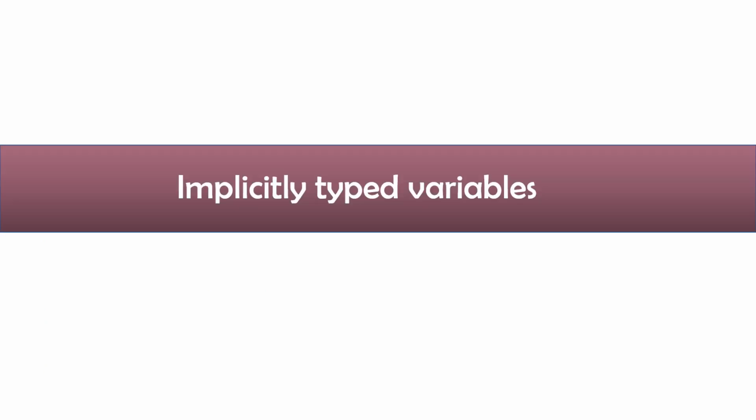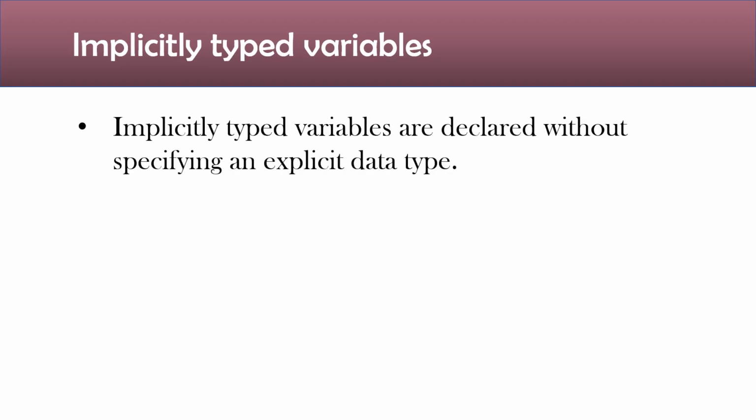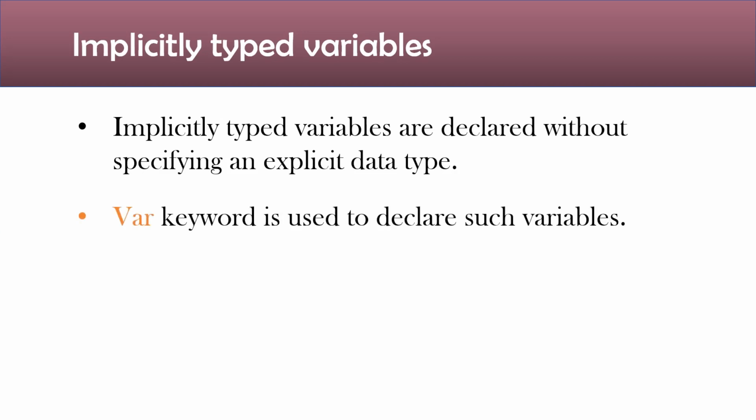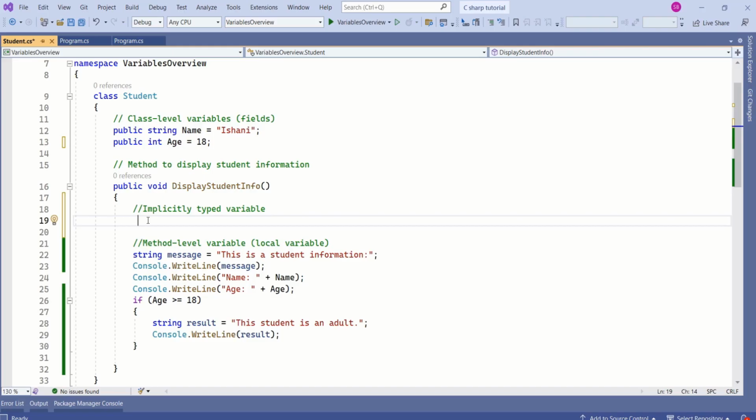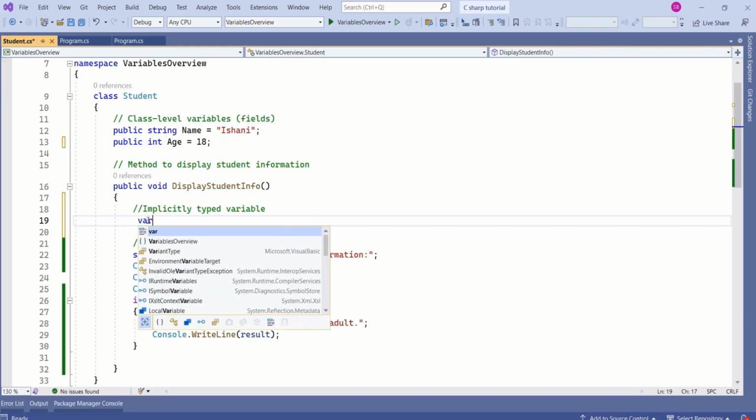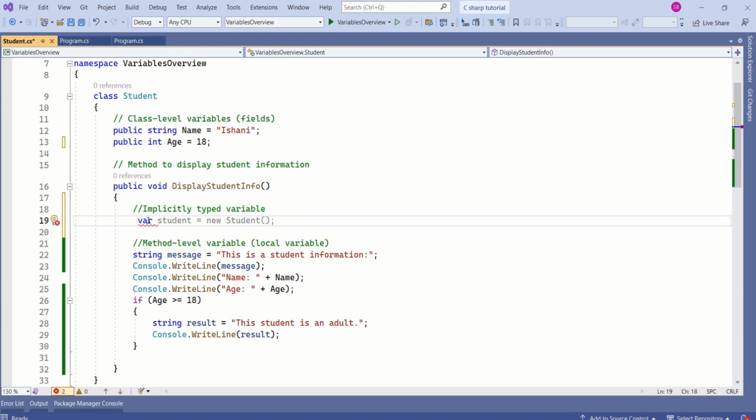You might have heard the term implicitly typed variables. Implicitly typed variables are declared without specifying an explicit data type, and the var keyword is used to declare such variables. The data type of the variable is determined based on the assigned value. As I mentioned earlier, we use the var keyword to declare implicitly typed variables.